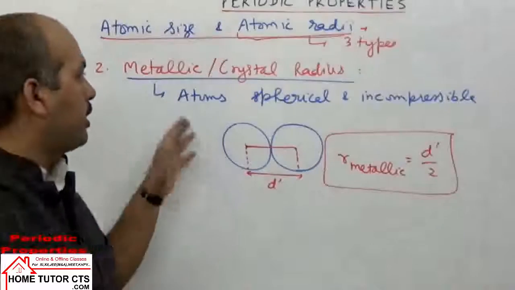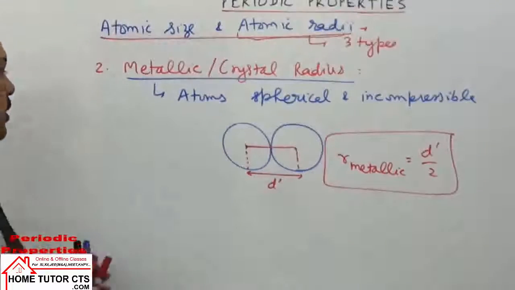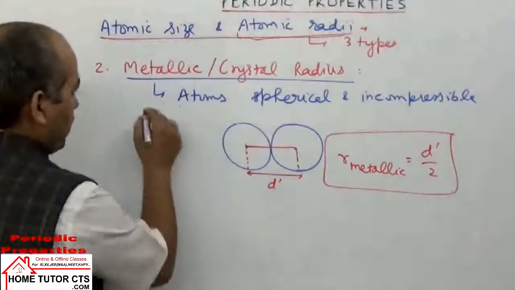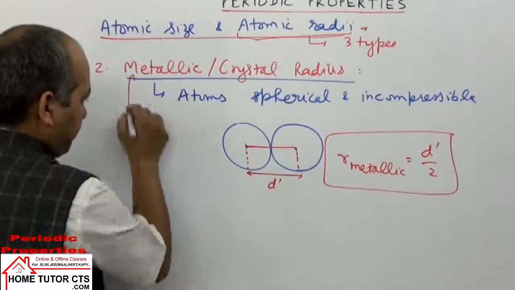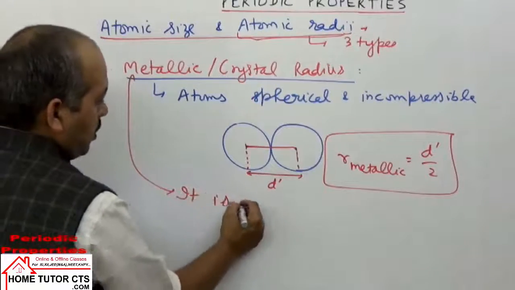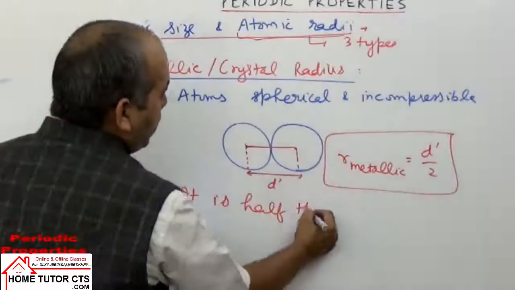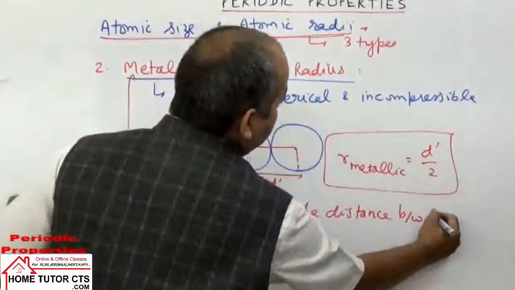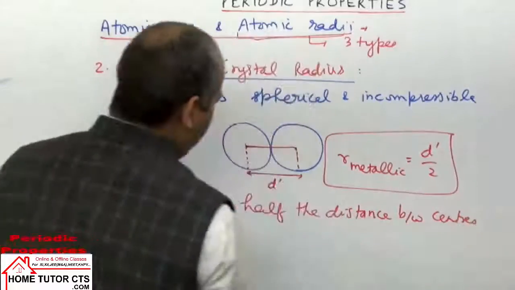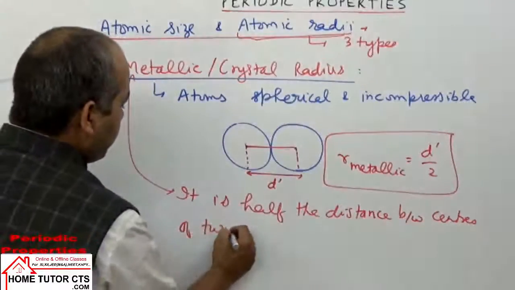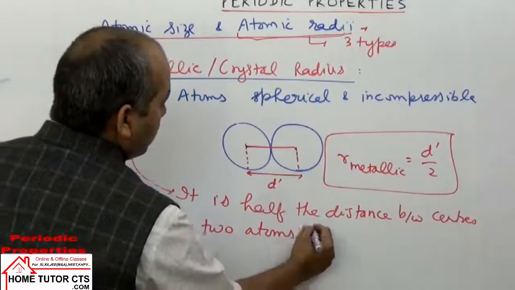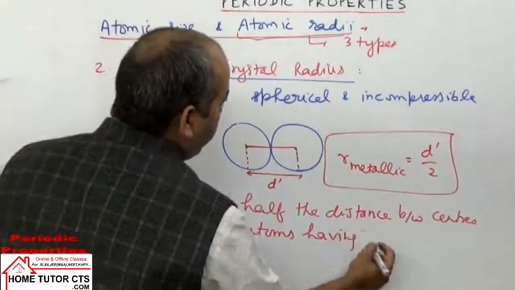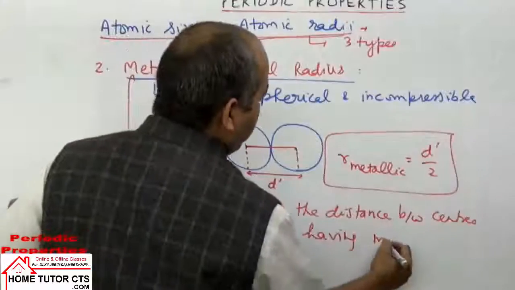So how do we define metallic radius? The clearest definition: it is half the distance between centers of two atoms having metallic bond.